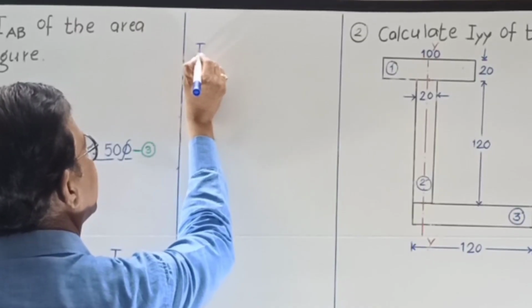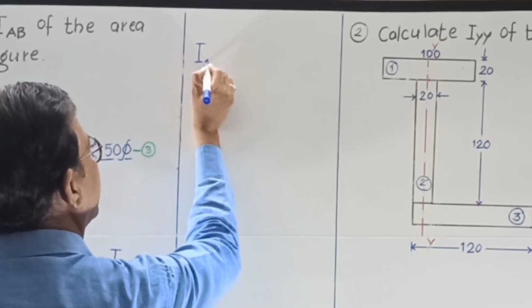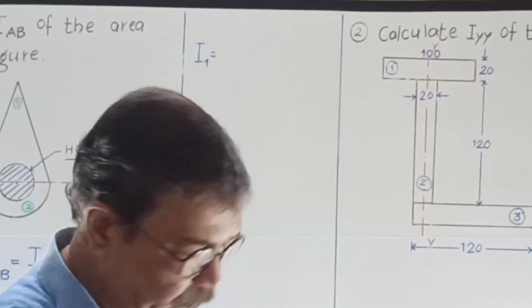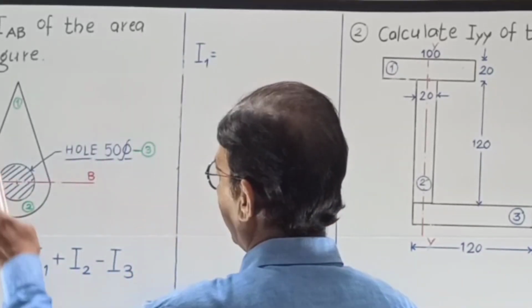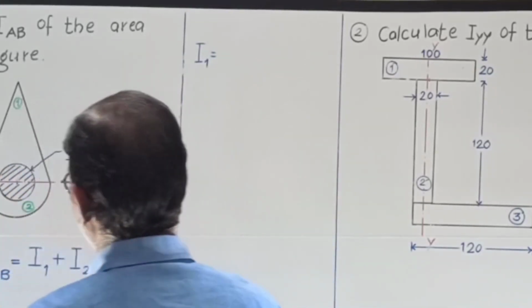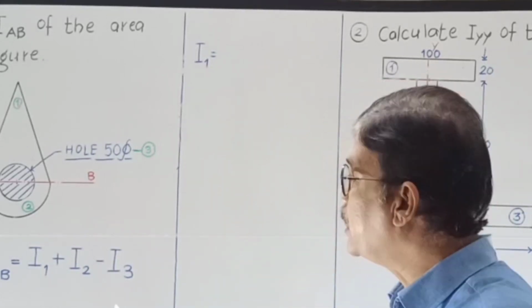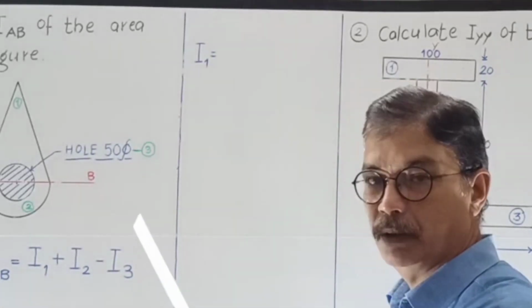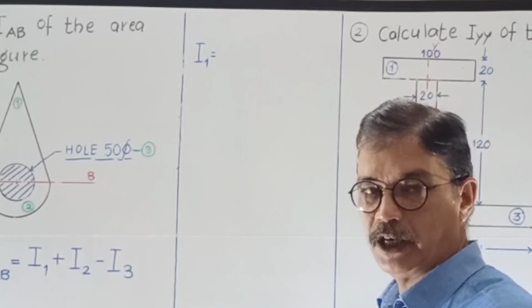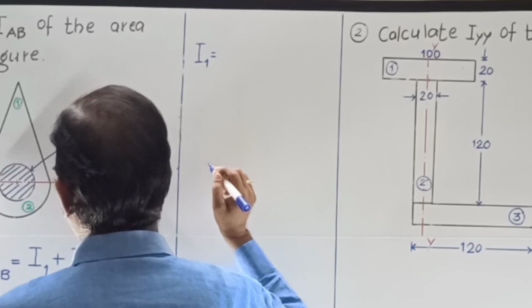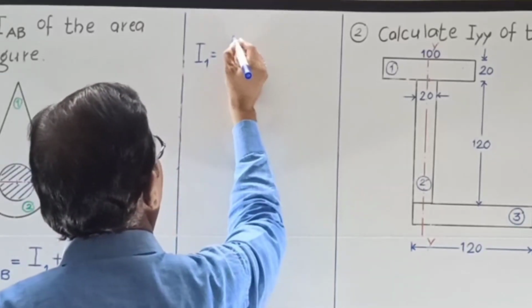So look here, what is I1? I1 is moment of inertia of triangle about base. So what is the moment of inertia of a triangle about base? It is BH cube by 12. So what is B here? B is this dimension, that is 100.